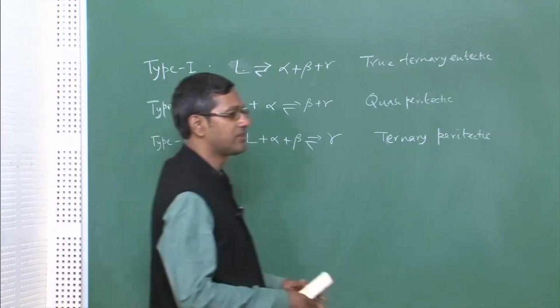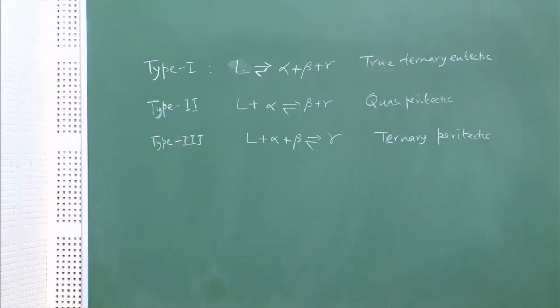So, now let me tell you that 4-phase equilibria in a ternary system are basically invariant equilibria. Why is it invariant? It is mainly because it involves 4 phases, so F equals 0, right. Invariant equilibria means the temperature and the compositions of all the phases, solid and liquid, are all fixed.